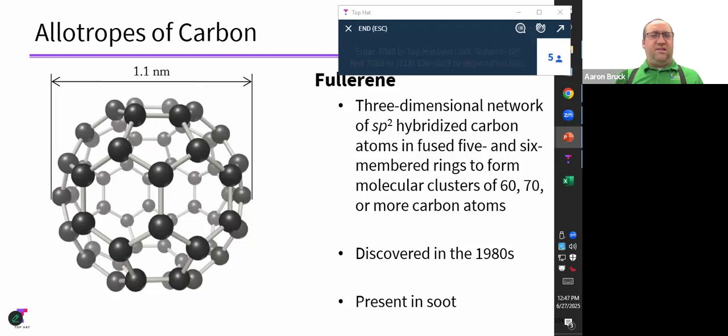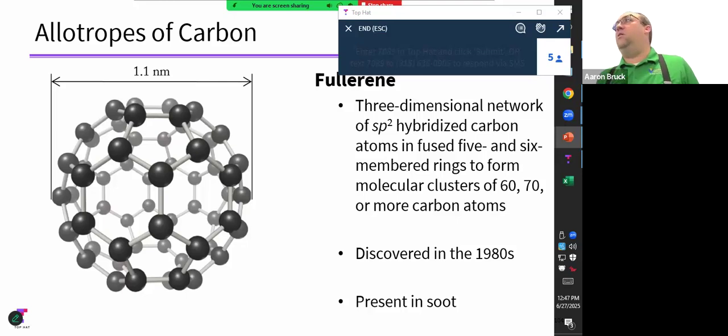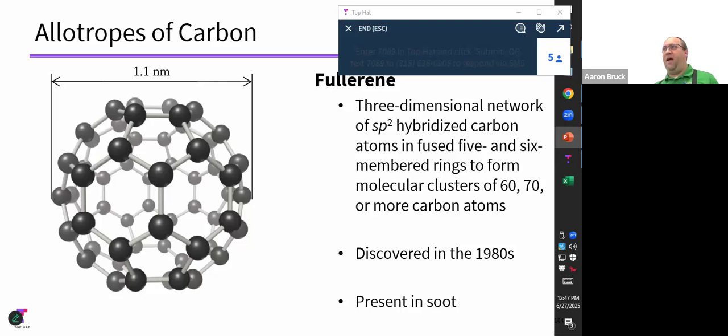So what you see is that you have a 5-membered carbon ring surrounded by a series of 6-membered carbon rings, very similar to the white and black patches on a soccer ball. Fullerenes can be very large, forming up to 60, 70, or even more carbon atoms in this soccer ball pattern.